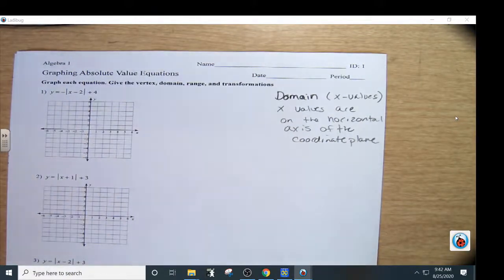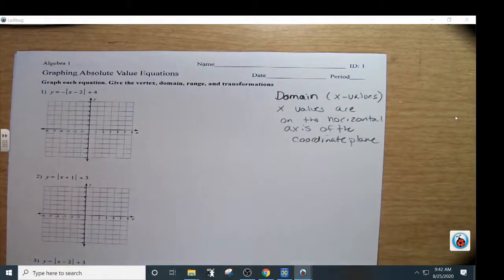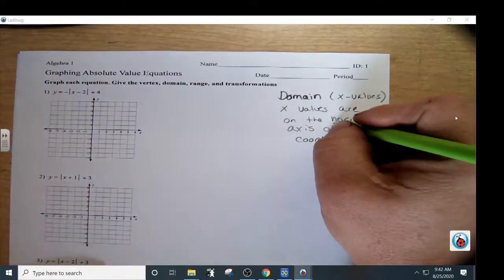And guys, this is going back to very basic, simple stuff. When you first learned the coordinate plane, I think it was probably sixth grade, when you first started plotting points, your teacher told you you go this many in the x direction, left or right. If your x values are negative, you go left. If your x values are positive, you go right on the x axis. So they are horizontal.